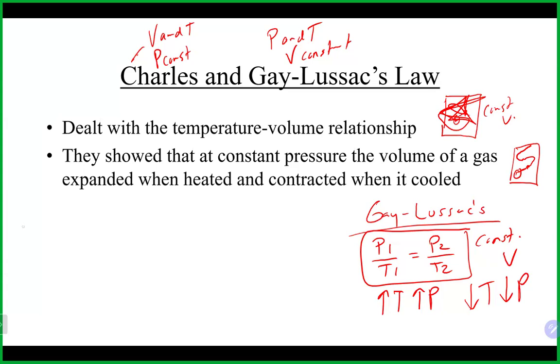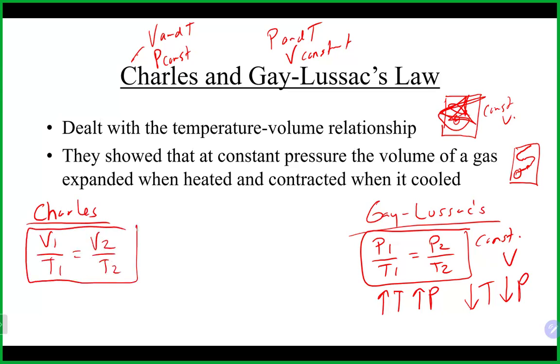Now, what about Charles' law? Well, if we look at Charles' law, his law is V1 over T1 is equal to V2 over T2. This is at constant pressure. So what happens in this situation is, let's take the example of I increase the temperature.